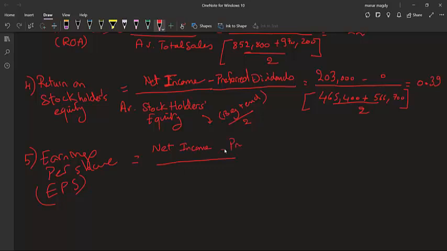Minus preferred dividends, divided by weighted average common shares outstanding.